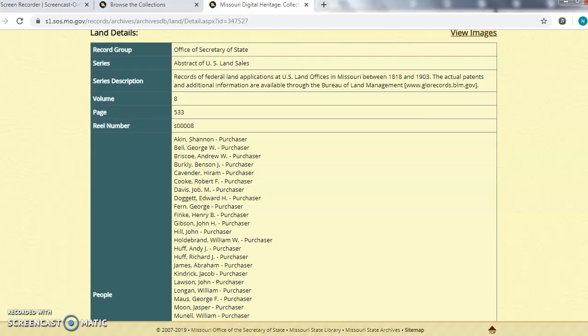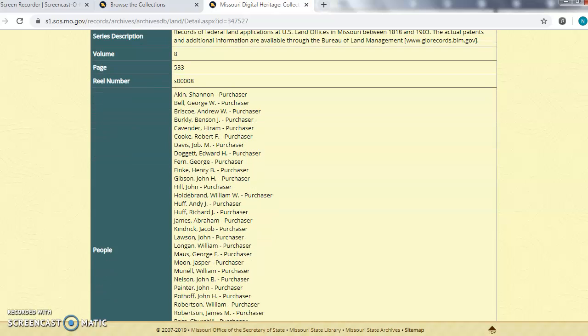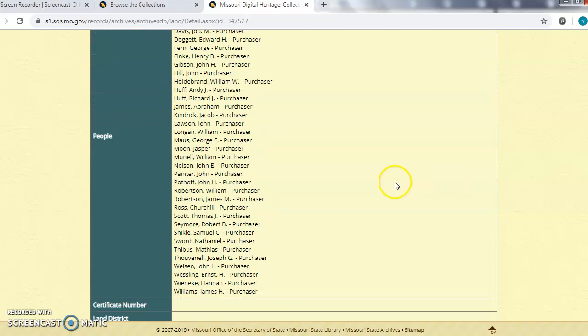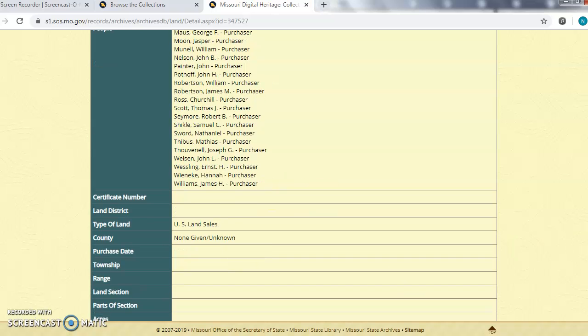So different people purchased land, and it would be interesting for me to see if this particular William Robertson is part of my family tree.